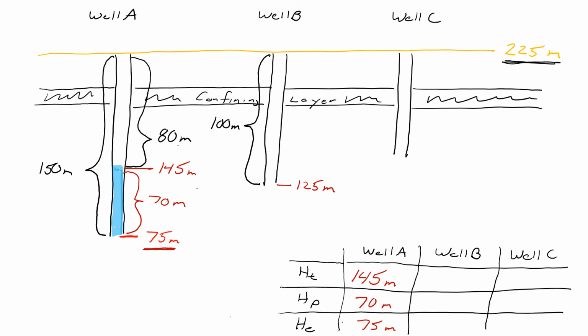How far down from the surface is the water? 77 meters. That's where the water rises up to.